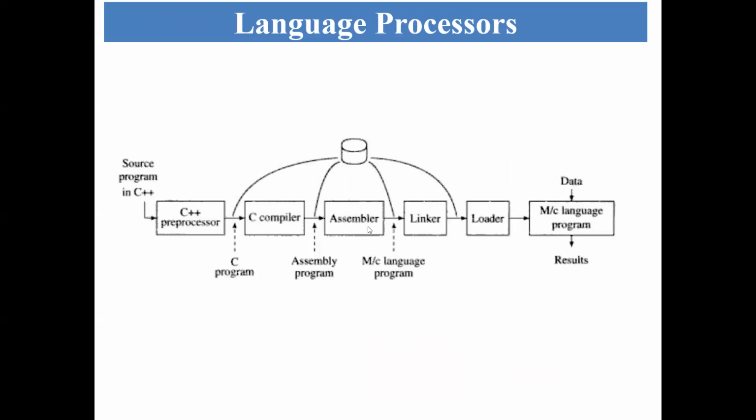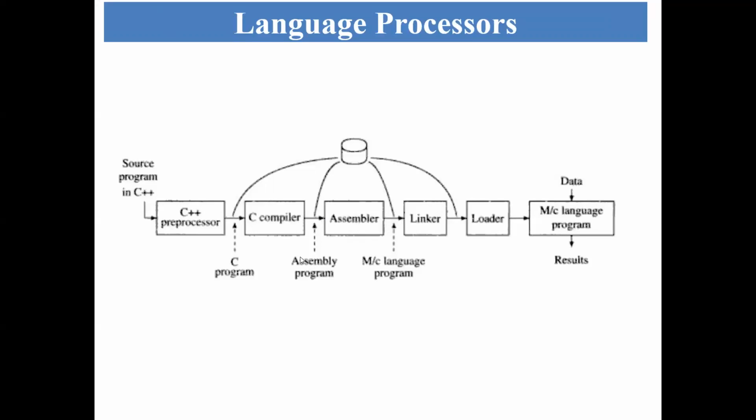Now this is the whole diagram. Suppose the source program is in C++. We use a preprocessor here because we want to convert it into a C program, so some preprocessing operations are done on this source code. Then it is given to the compiler, which compiles it and gives the output. Next is the assembler.